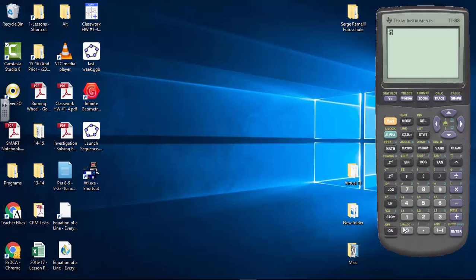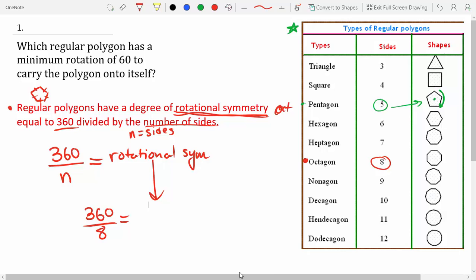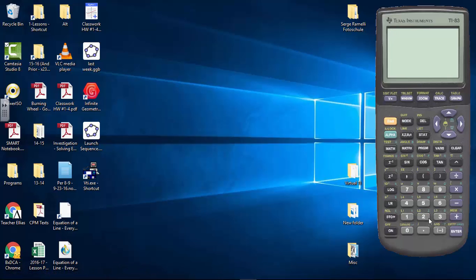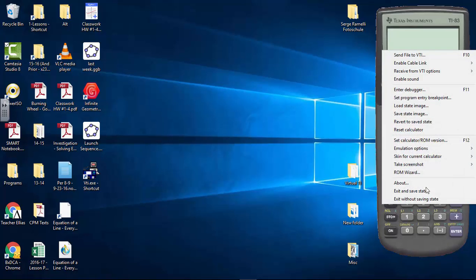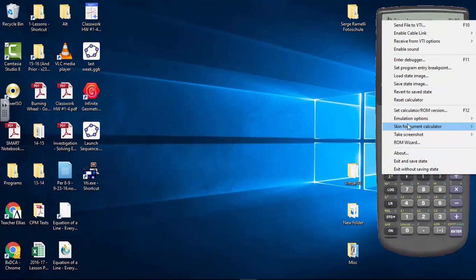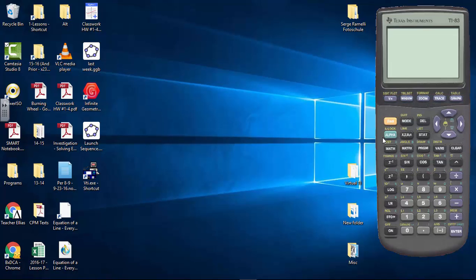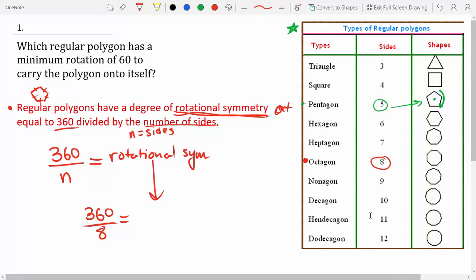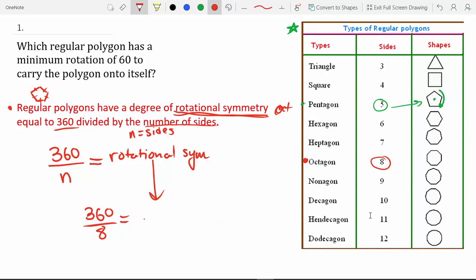If I take out my calculator, let's do this real quick. Sorry about that. If I were to do 360 divided by 8, it says that my rotational symmetry is 45 degrees. So I go back, I go, oh, okay, it's got 45 degree rotational symmetry.